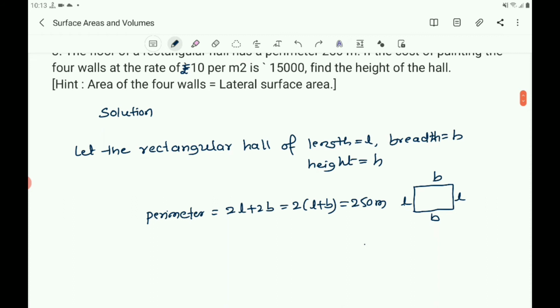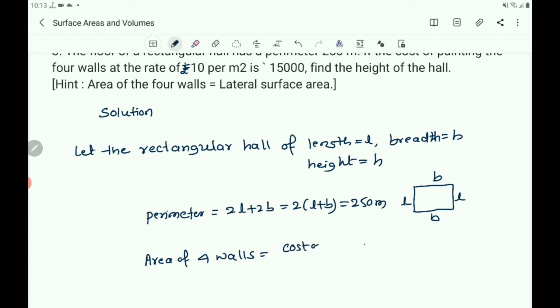So you write here area of four walls equals 15,000 divided by 10, that is total cost divided by rate of cost.